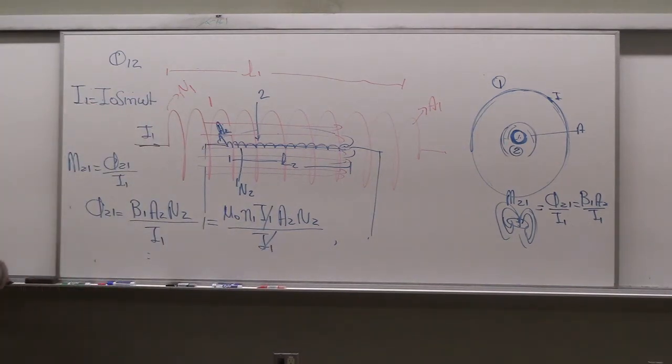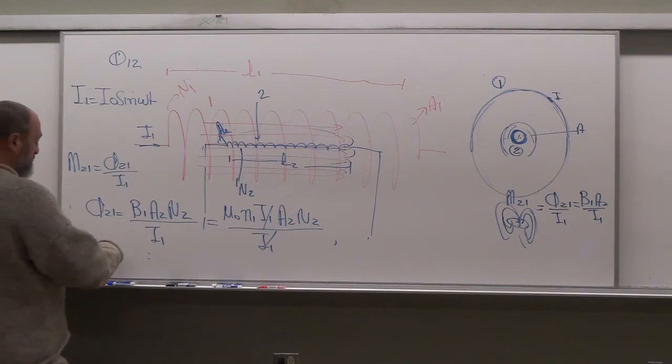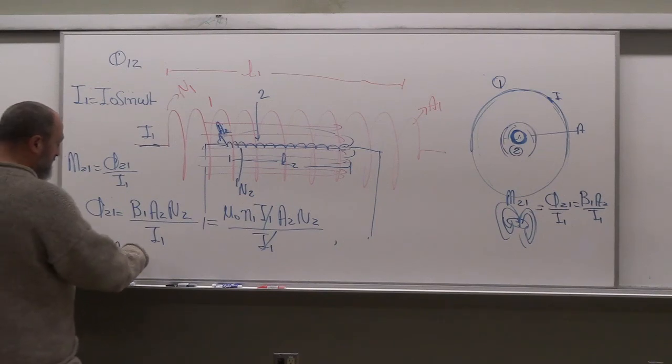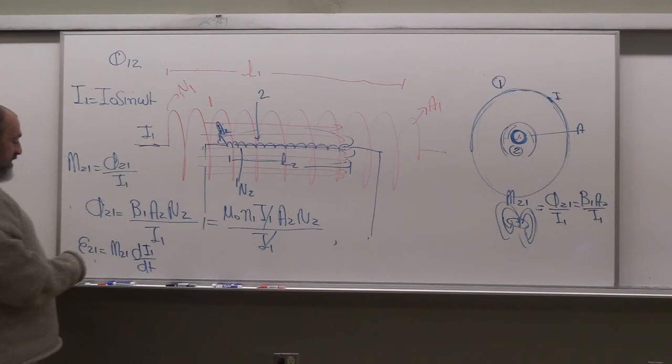Okay, so epsilon in 2 from 1 is equal to M21 times di1 by dt, right?